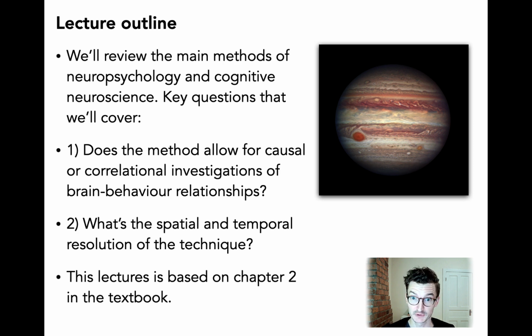So that's spatial resolution. Temporal resolution refers to the ability of the technique to detect changes in brain activity over time. So some techniques are actually better than others at rapidly detecting that neural firing has changed in the brain. So you want to think about both of these things when we are going through these different neuroscientific techniques.